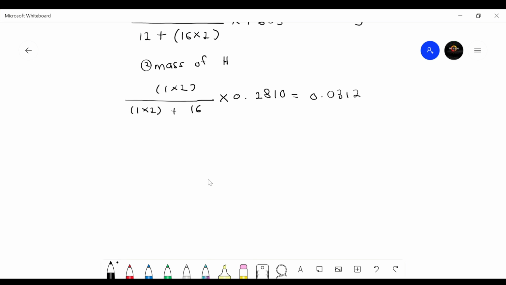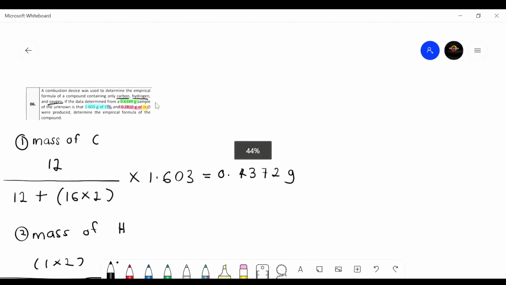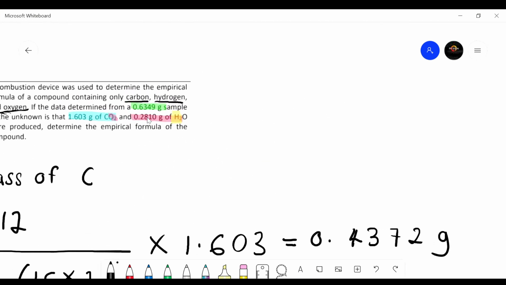The last thing we need to do is find the mass of oxygen before transferring all of the masses into our Mamora table. How do we find the mass of oxygen? From the question, the mass of the sample is 0.6349.